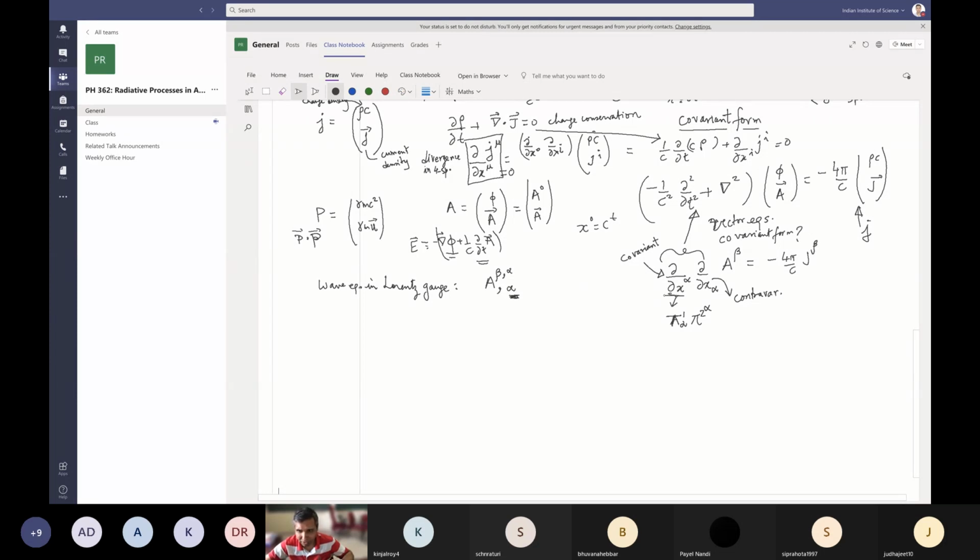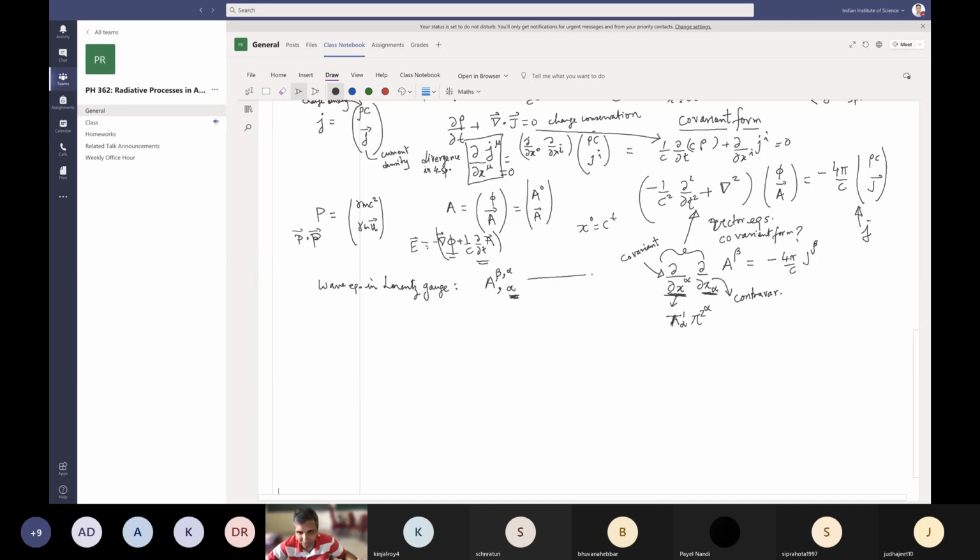So this comma alpha represents this derivative, and the comma alpha at top represents derivative with respect to the contravariant x. So this is a short notation. Again, here alpha is summed over because this is a repeated index.